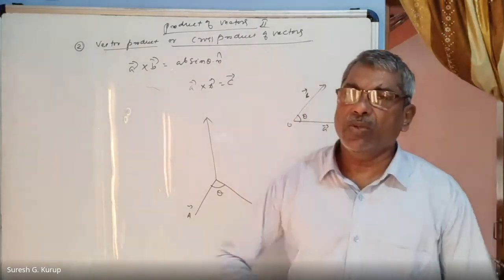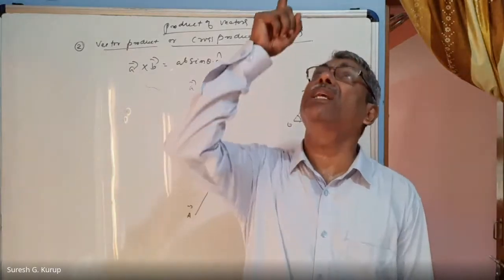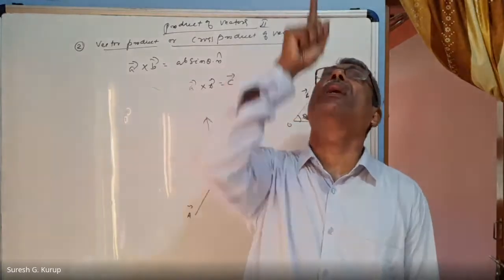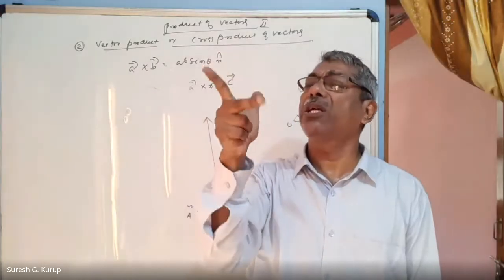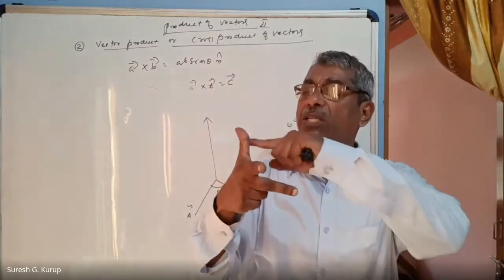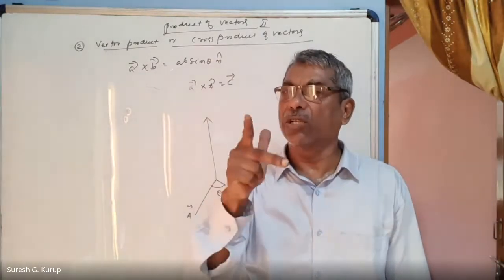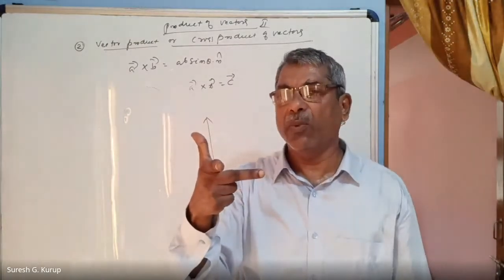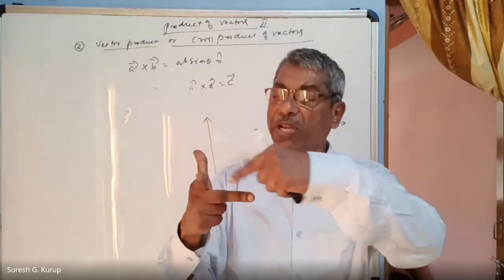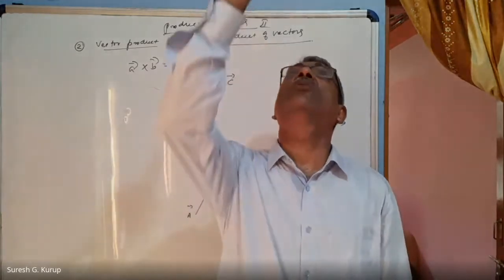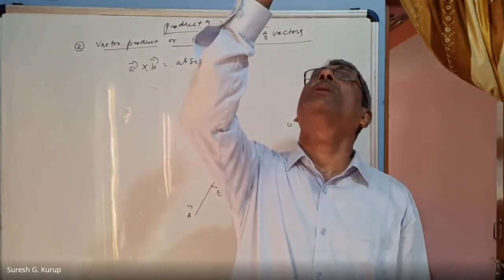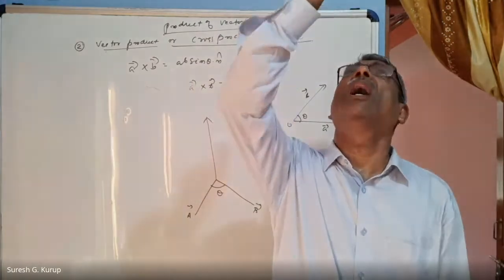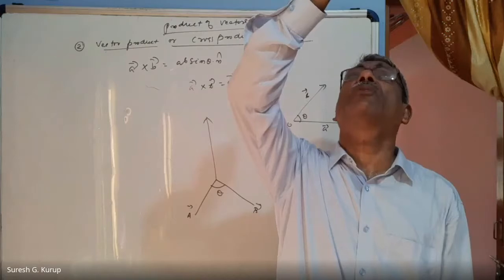This can also be understood by the right hand screw rule. Suppose in the ceiling of this room, you are screwing a screw into the ceiling. Suppose these two are the vectors, and this one is taken towards this one in a right hand direction. The angle between them is theta. So you just imagine that you are driving a screw into the ceiling of this house with a screwdriver.